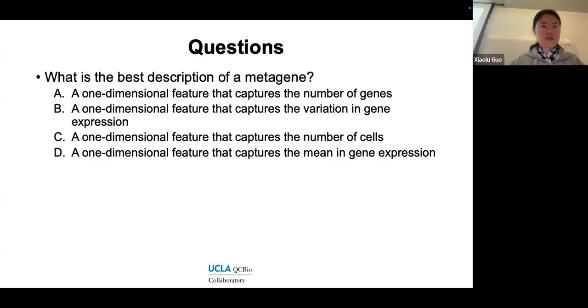And what is the best description of a metagene? 5, 3, 2, 1.